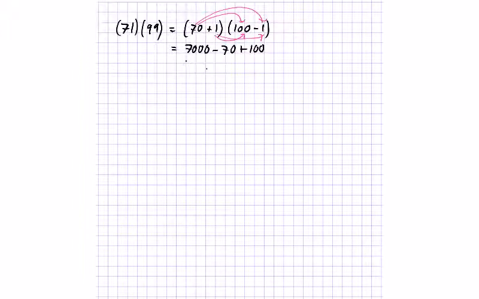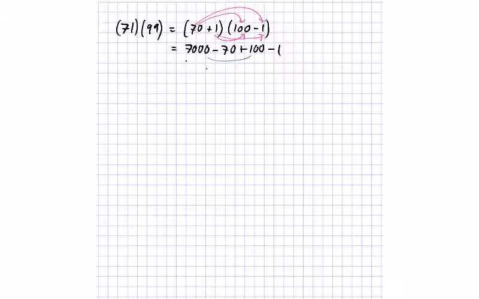You don't need to draw in the arrows like I am, but I'm just showing you what I'm actually doing here. So you would then have 7,000. If I was doing mental math, I would probably add the 100, then subtract the 70, and then subtract the 1.